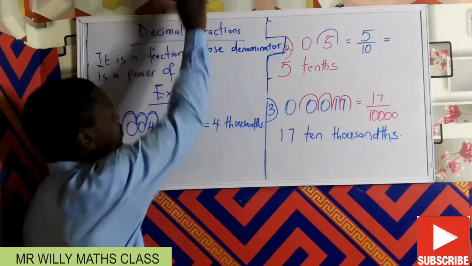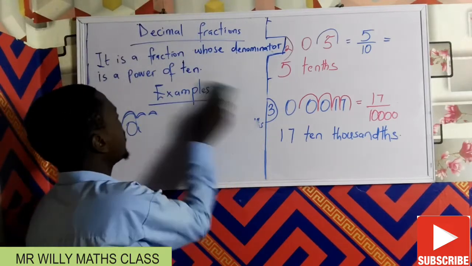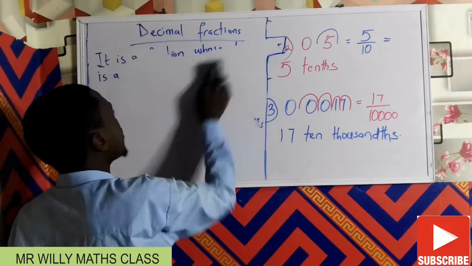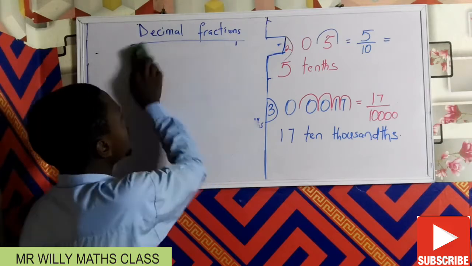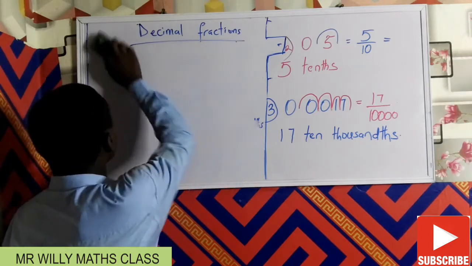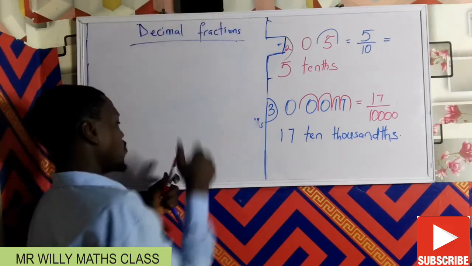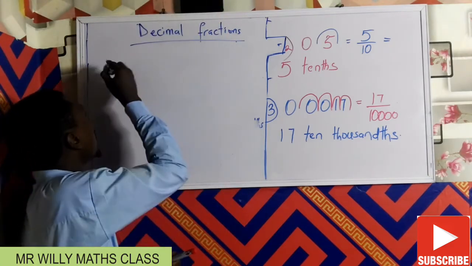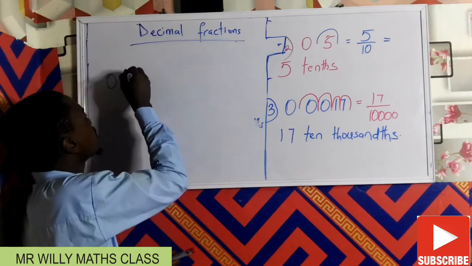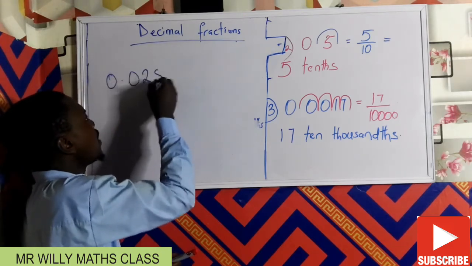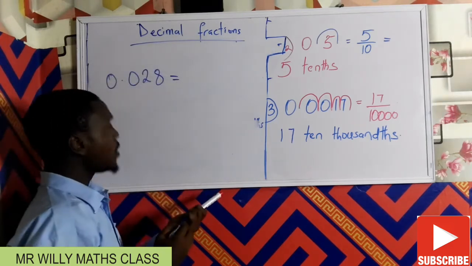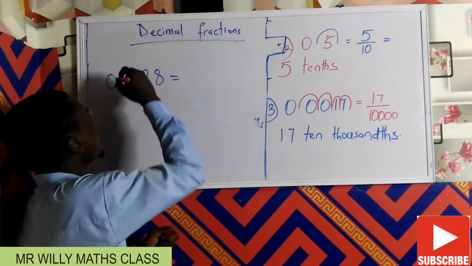Let's move on to another example so that the topic can be clearer to you. Now, what if you have 0.028 and you want to write it in words? The first thing is that you count the decimal places.